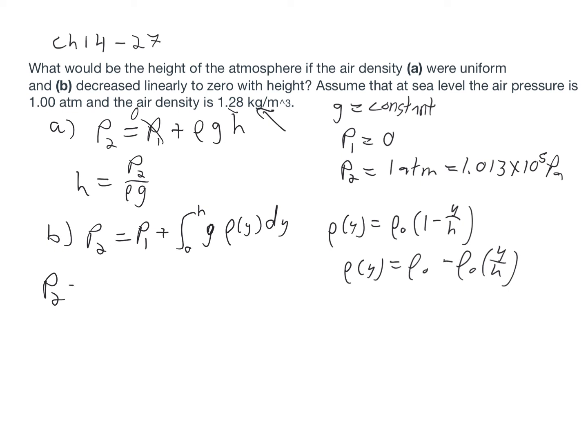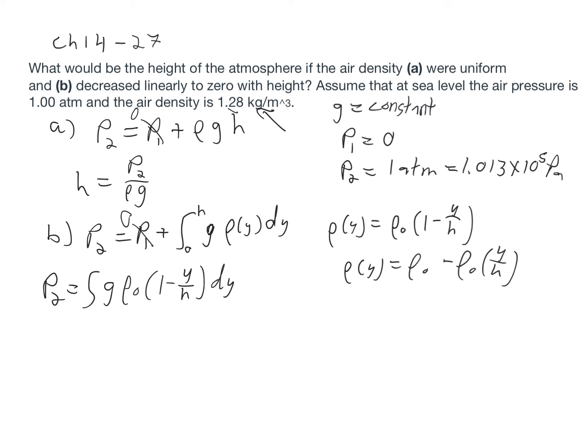Again, P2, which is atmospheric pressure, is going to be equal to P1, which is 0, plus the integral of G, which we're treating as constant, times the density, which is the 1.28 in this example, times 1 minus y over h dy, and then you can just integrate that function in order to solve.